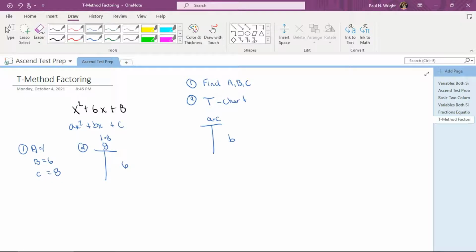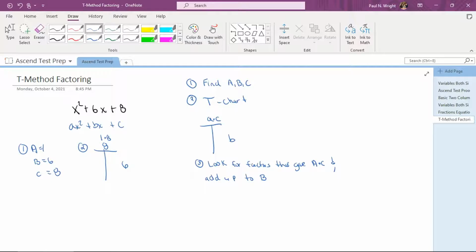And now what I need to do, this is where knowing your times tables comes into play. You are going to look for factors that give you A times C and add up to B.